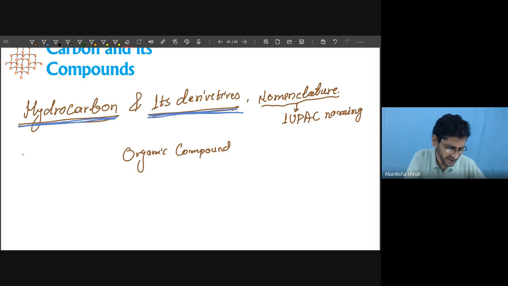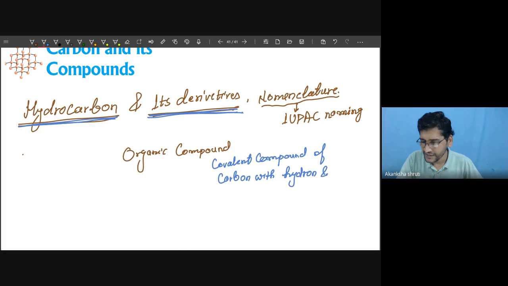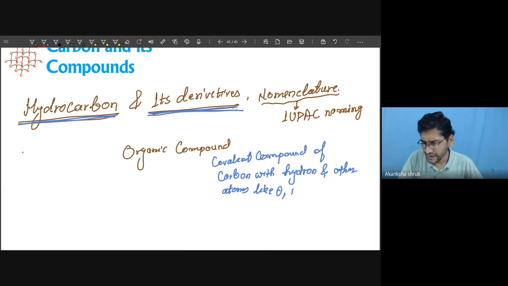So it must be a covalent compound of carbon with hydrogen, and it may contain some other atoms like oxygen, nitrogen, phosphorus, halogen. We have learned these in the functional groups.